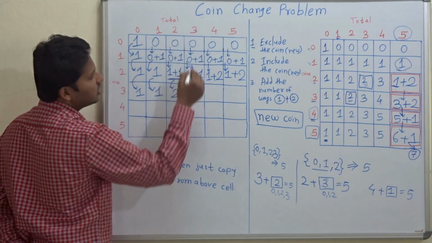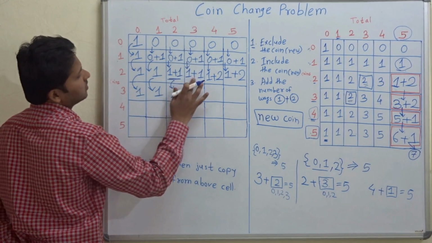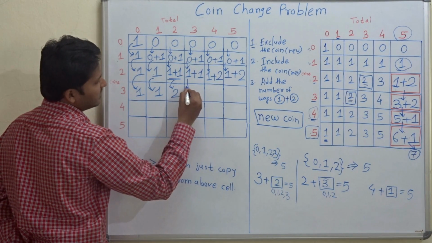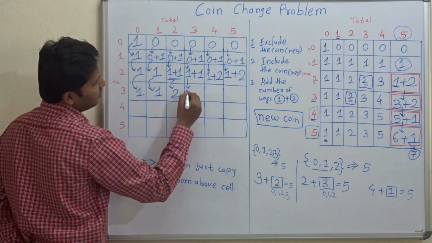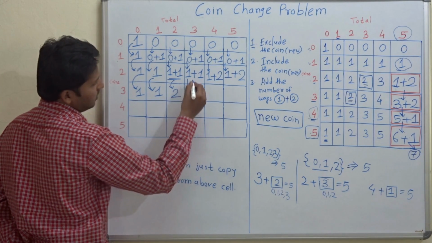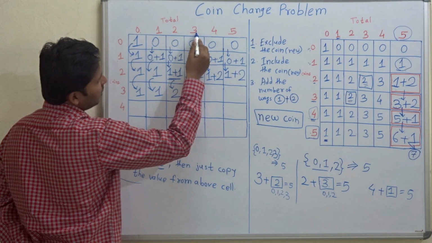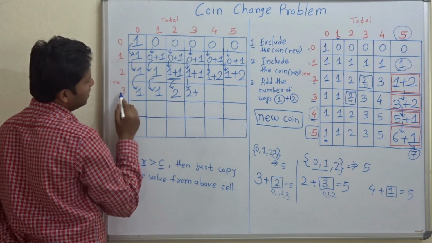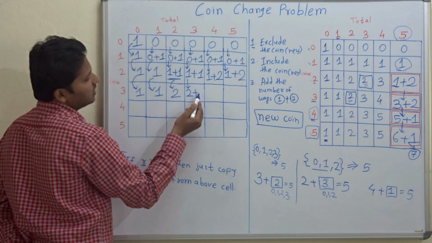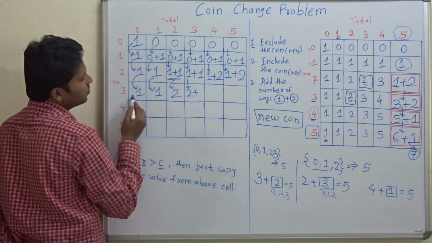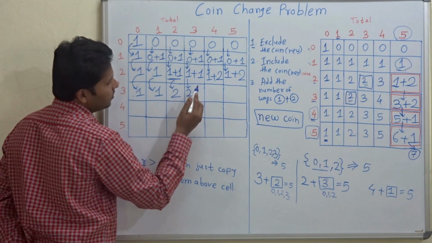Now 3 is equal to 3. So here is the thing. By excluding the new coin, 1 plus 1 is 2. This value I have copied here. And by including the new coin, 3 minus 3 is 0. So in the same row, go to the 0th column and copy this value.